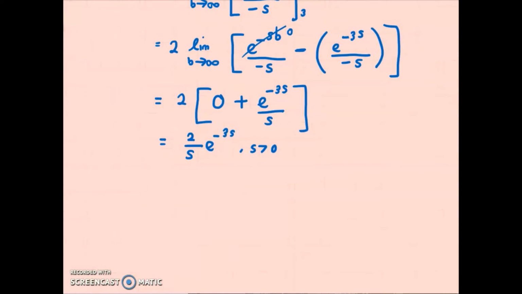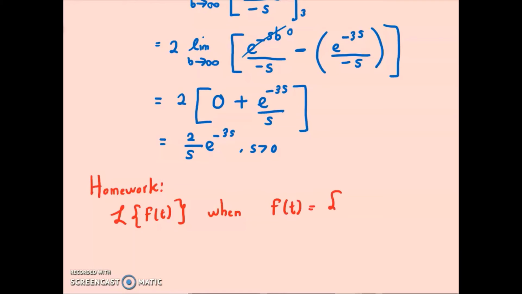Okay, so try this homework. The homework for you is to find the Laplace transform when f(t) is equal to sin t, where t is from 0 to less than pi, and 0 where t is greater than or equal to pi.